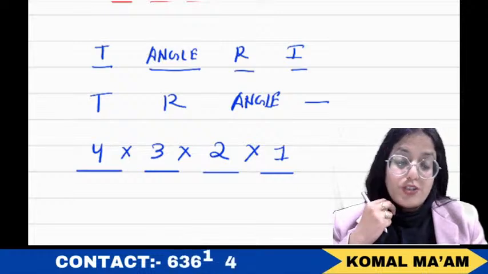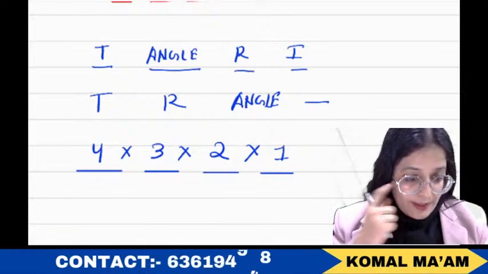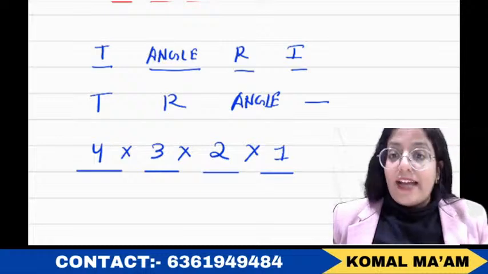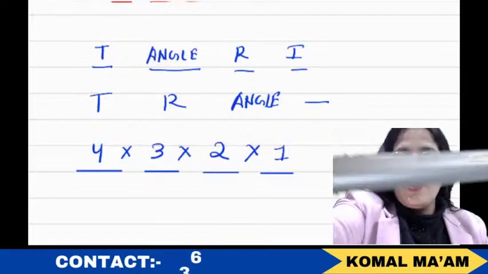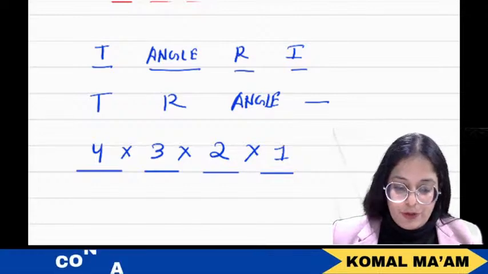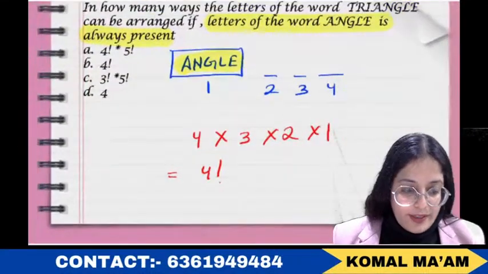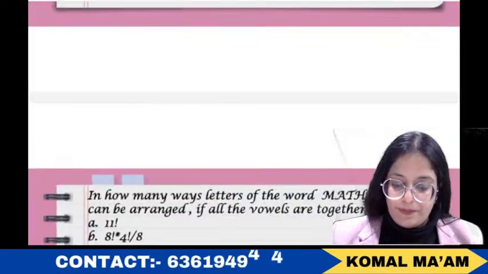Watch the previous session also, in that I have explained some questions using the same concept. Let's proceed further, guys. I believe the 2 questions are pretty clear in your mind.